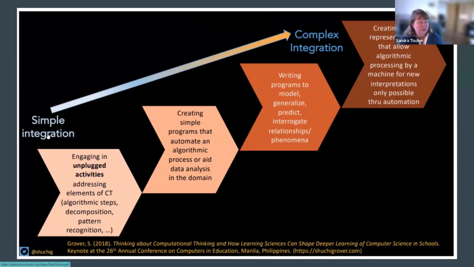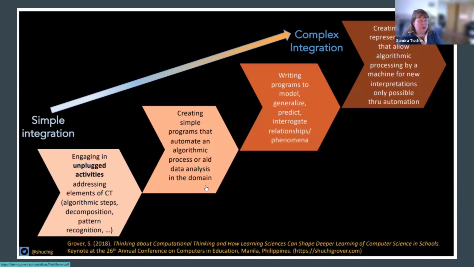The easiest way, for example, if you would use open middle problems, those could be an unplugged activity, which means it does not require any further computer science equipment, but it still tackles some of the skills that are needed in there. So all the other algorithmic steps, decomposition, pattern recognition, which is a lot of what's going on in algebra.